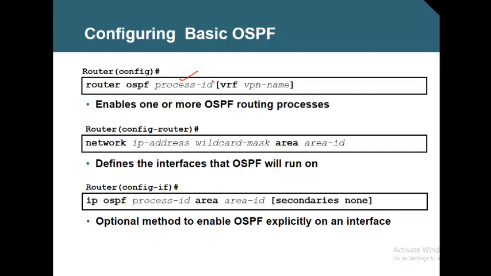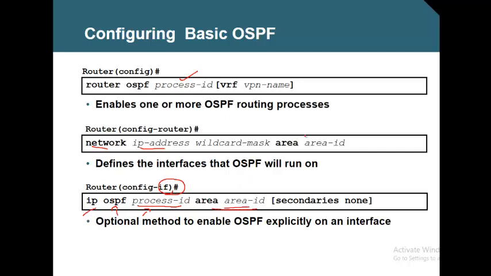Next, there are two ways in which you can run OSPF on the interfaces. Number one, when you say network and put a network that matches the interface, all those interfaces will run OSPF. The other one is go straight to the interface itself and say, hey, this interface belongs to OSPF process ID 1, and then this interface will also be a member of this area ID.